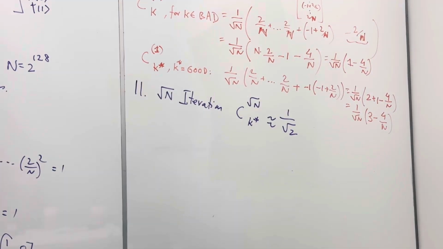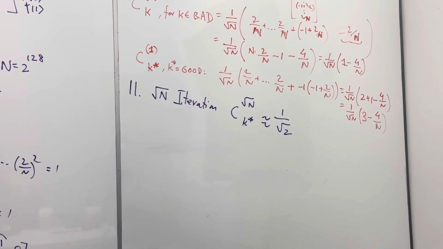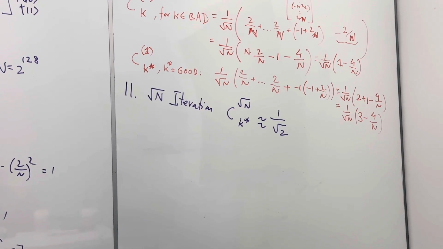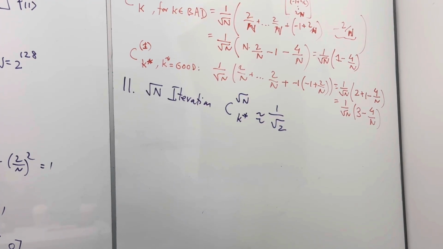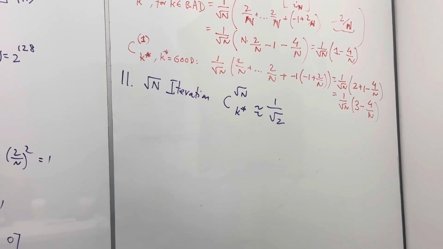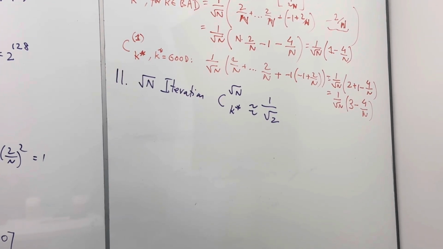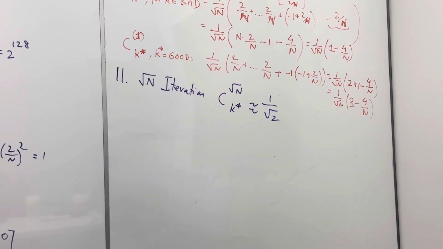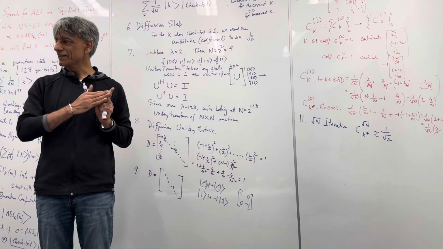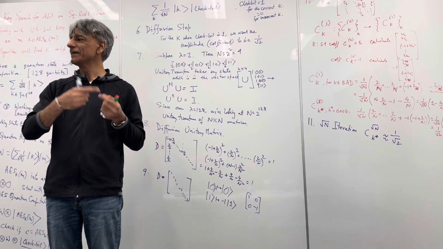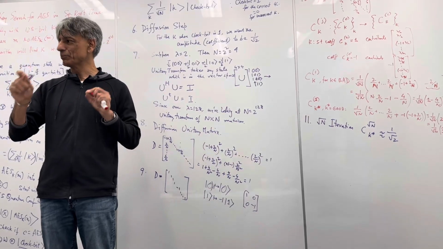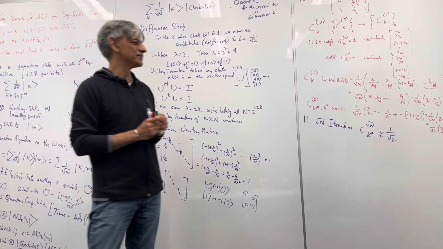So for our particular good k star, its coefficient is 1 by square root 2, and if you measured the check bit at that point, then with probability 1 by 2, you will end up in that projection of that state, which will give you the k star in the other qubits, and then you can measure each one of them one by one, right? Because they are forced to be that particular k star. Yes. So that will resolve it.